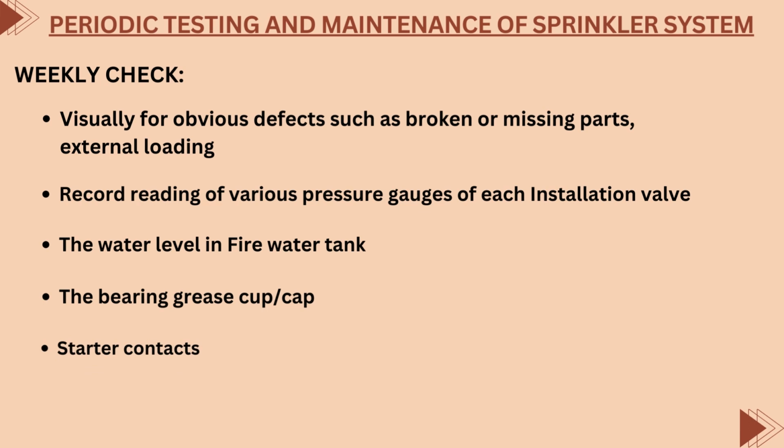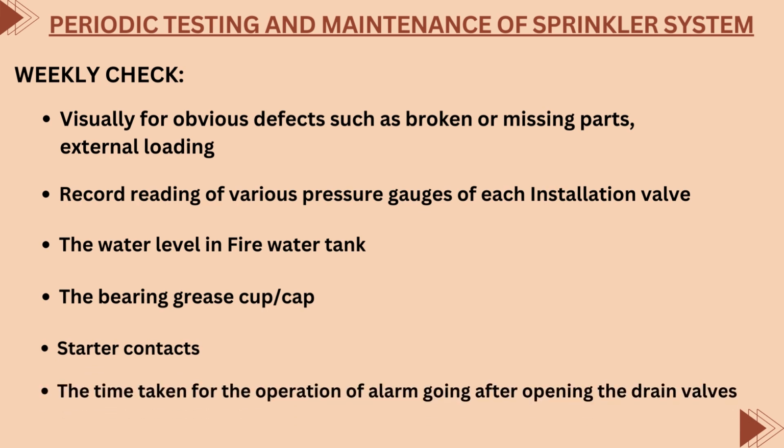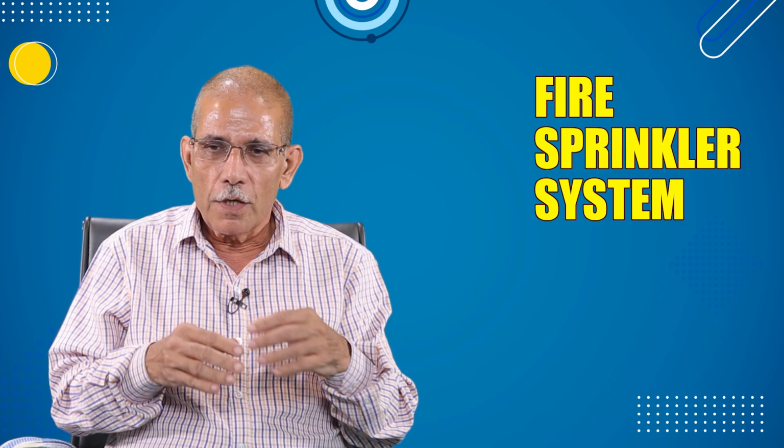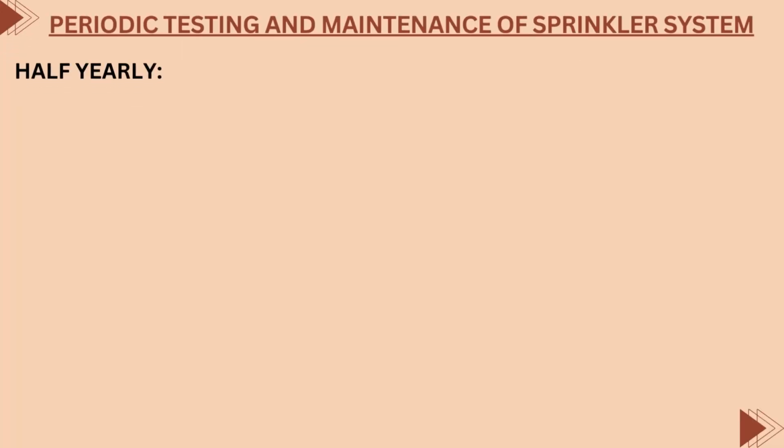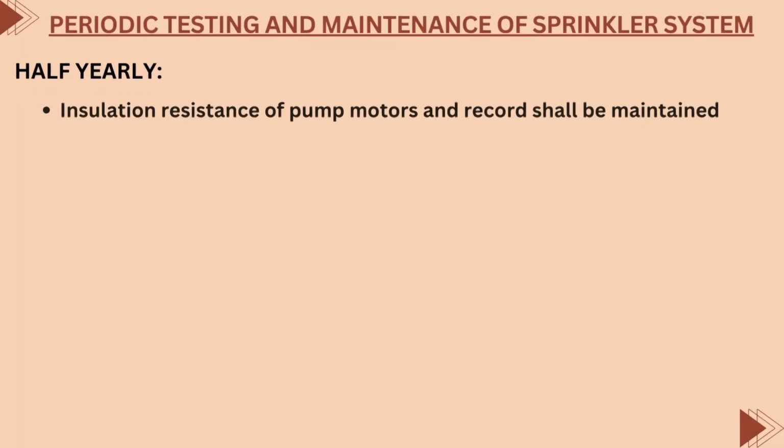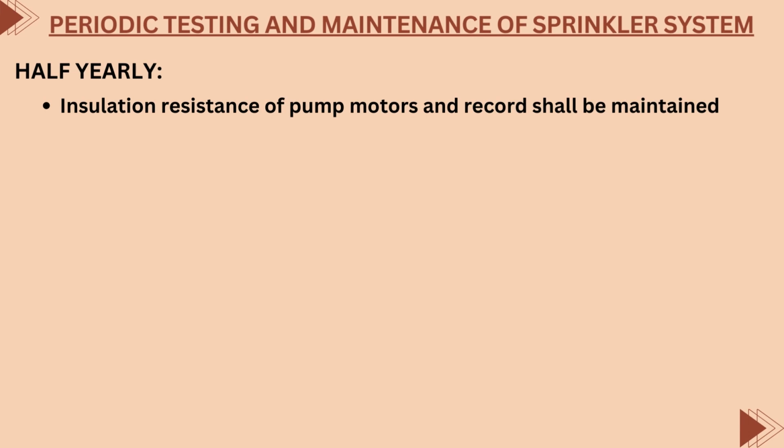The starter contact is to be checked for carbon deposition. The time taken for operation of the alarm gong after opening the drain valve is also to be checked once a week. Half-yearly checks include insulation resistance of pump motors, and records shall be maintained.